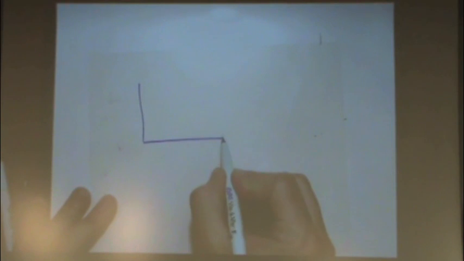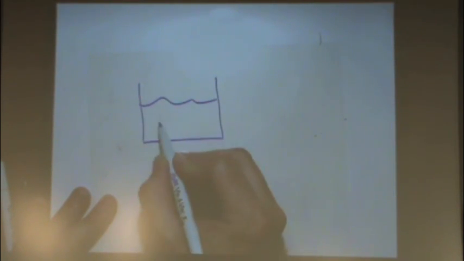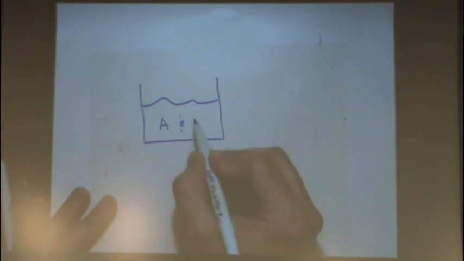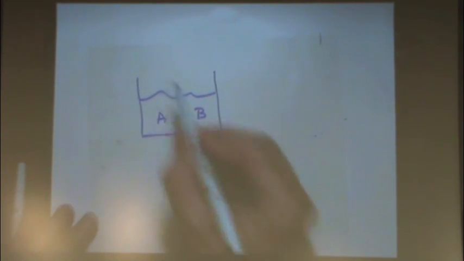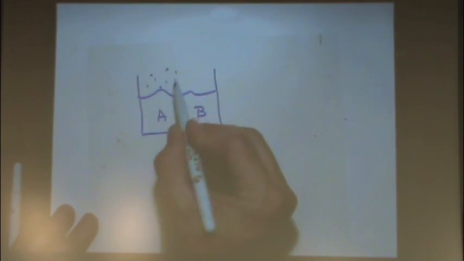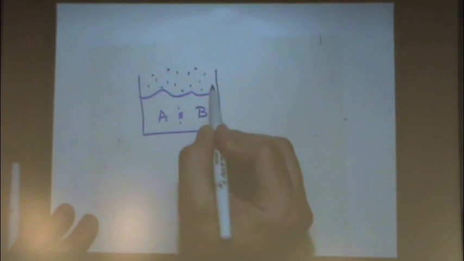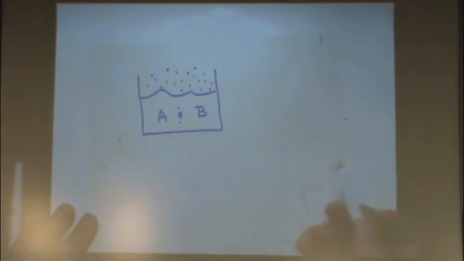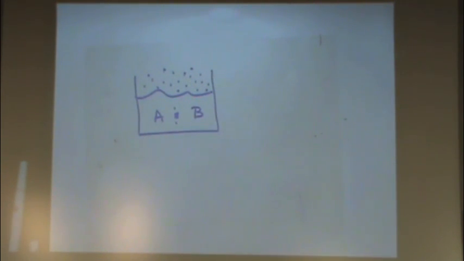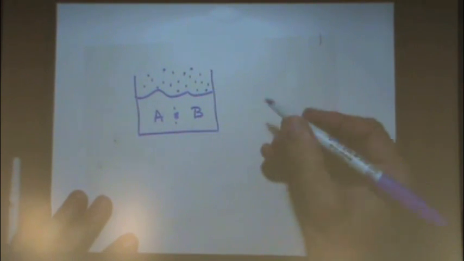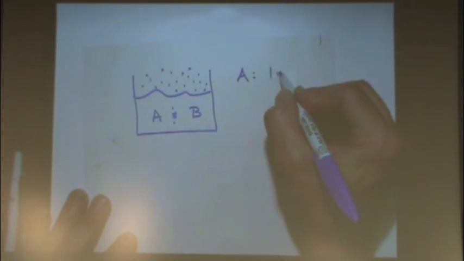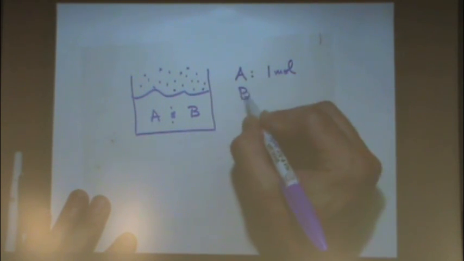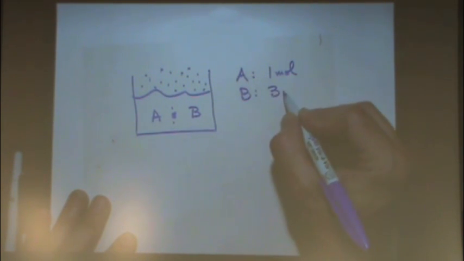Let's say we have a container of A and B, liquid. So there would be a vapor pressure up here, etc. And let's say for A there's 1 mole, and for B there are 3 moles.